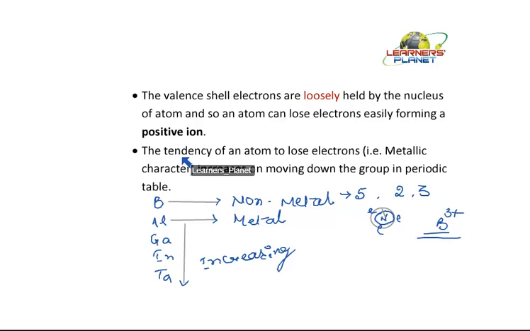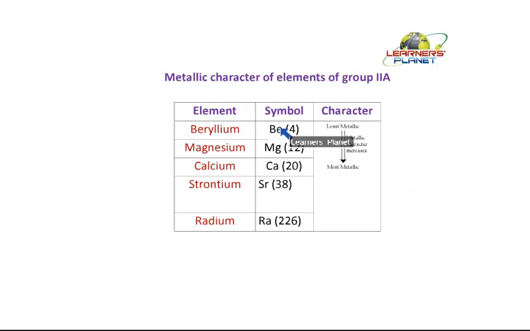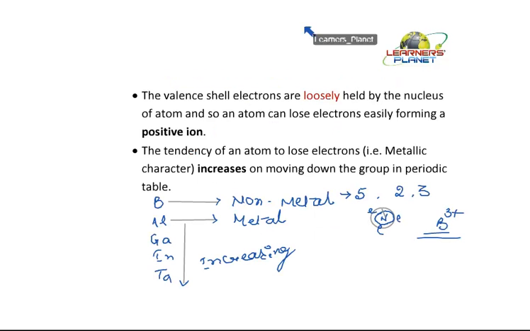The tendency of an atom to lose electrons, that is metallic character, increases on moving down the group in a periodic table. See this. This is the least metallic, or we can say it's a non-metal. We can write here it's the least metallic.